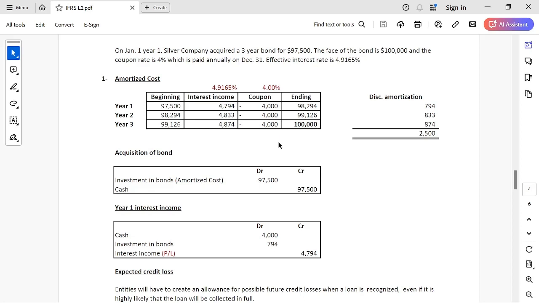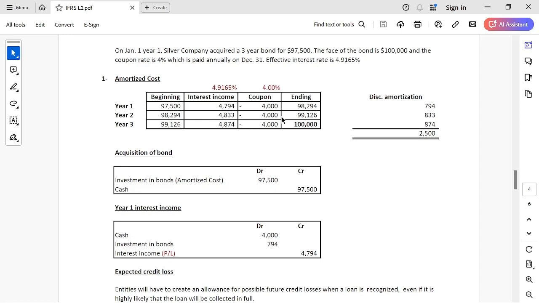But let's keep going. Here we can see the discount amortization. This 2,500 is the difference between what we paid and what we are going to receive at maturity. Here we see the discount that's amortized annually. It's the difference between the payments received, the cash received, which never changed, and the interest income that's calculated using the effective interest rate method.